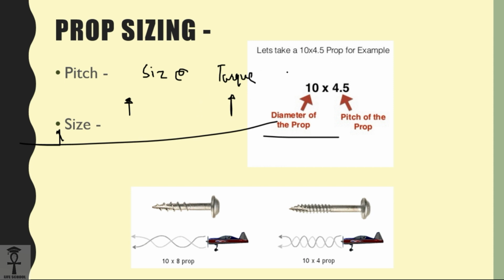Similarly, the thrust produced will also be bigger. So if the size is big, the torque required is big, the thrust is big, and the RPM of the motor will be less.